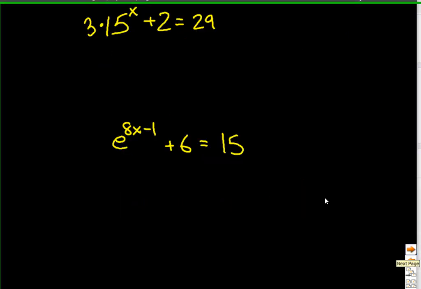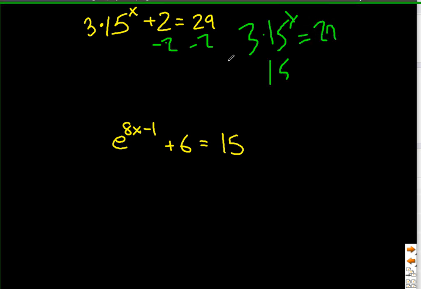Okay, so let's look at a couple other basic examples. We're not going to go through the decimal part of this, but it works the same way. We cannot do a log until we have everything by itself. So I'm going to subtract 2 from both sides first, and then you get 3 times 15 to the x equals 27.